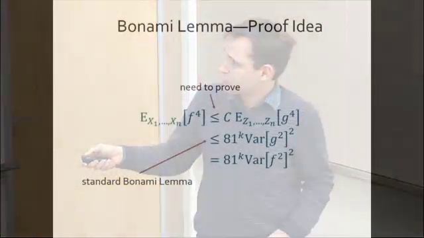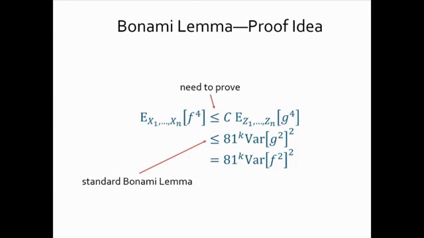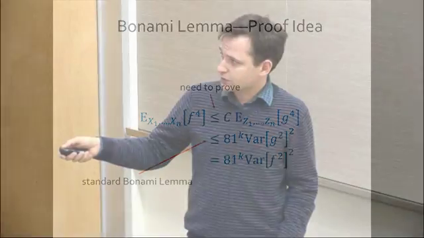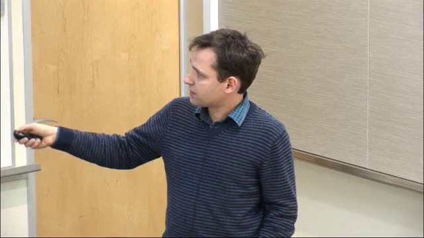So these two functions have the same variance. And now we want to upper bound the fourth moment of f. What we are going to prove is that the fourth moment of f is bounded by the fourth moment of g times some constant c, and using the standard Bonami lemma, this is less than some number times the variance of g squared, and this is equal, again, to the same constant times the variance of f squared.